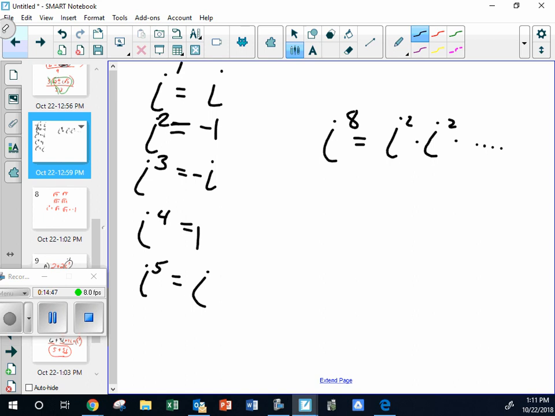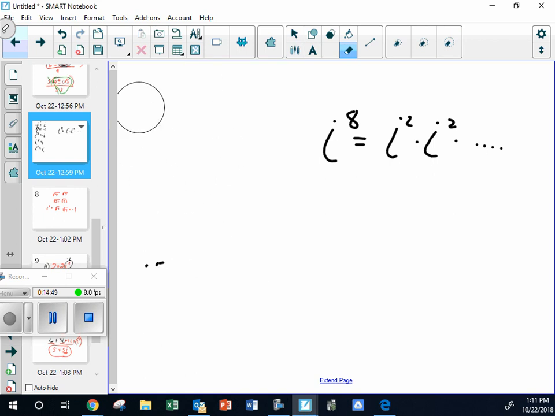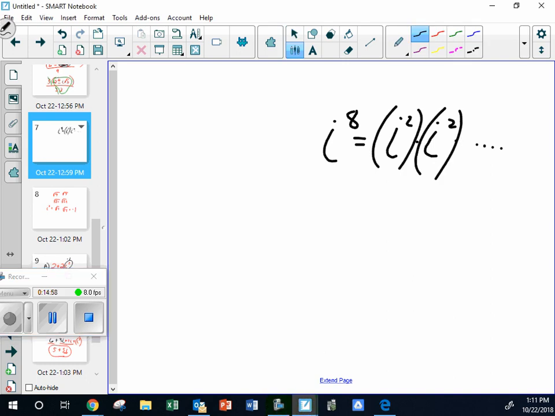I'm going to pause for a second while you figure that one out. What is i to the 8th? The answer proposed is 1. -1, -1, and then isn't there a couple more negative ones? There's 4 negative ones all multiplied, and that equals 1. It's 1. How about this?